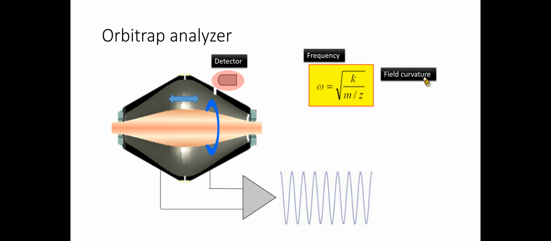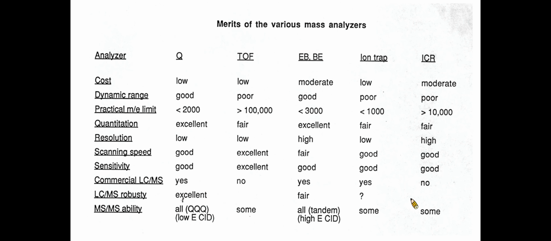Like the principle of FT-ICR, the detected time domain signal will be Fourier transformed into the frequency domain. Thus, the calculated frequency is inversely dependent on the mass-to-charge ratio, and accordingly we can obtain a mass spectrum. So far, we have introduced 5 major types of mass spectrometers.